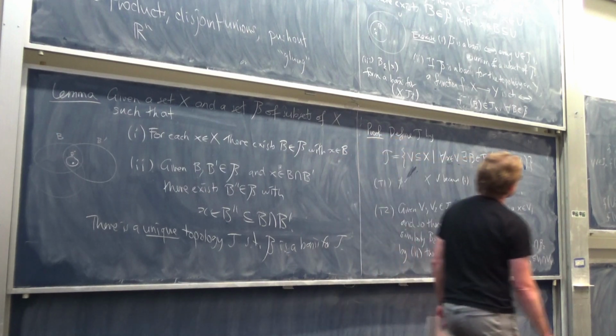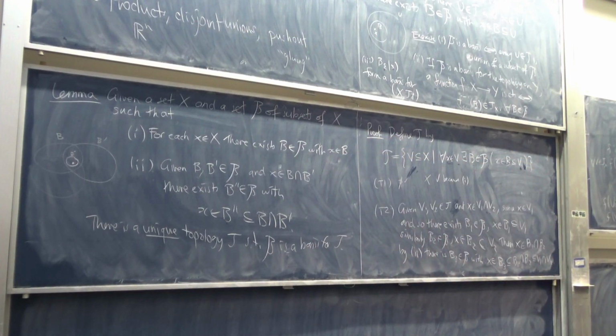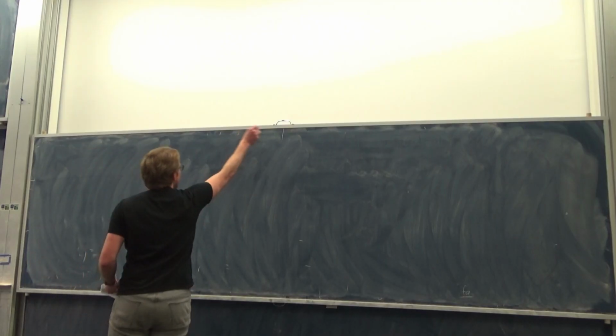And then for T3, there's really nothing to show for that. Let's see. Right, I set T up to be a union of all the things in B. So then if I start taking unions, of course, it's still a union of things in B, right? So that's why there's nothing really to show for part 3.